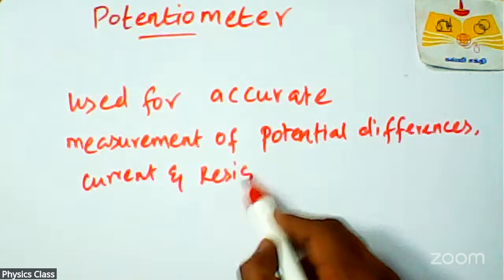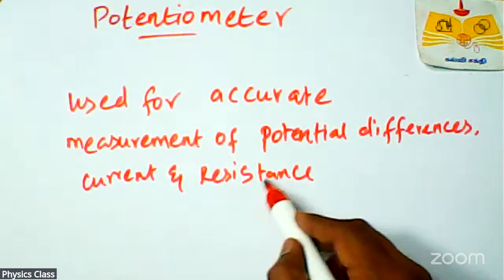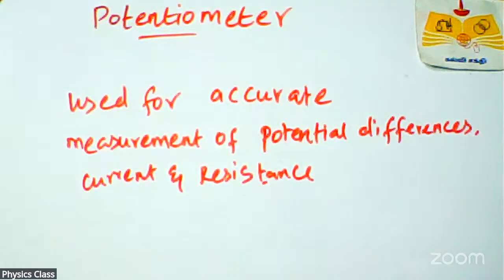Potentiometer is a very simple device. It is a device which is used for the accurate measurement of potential differences, current and resistances.